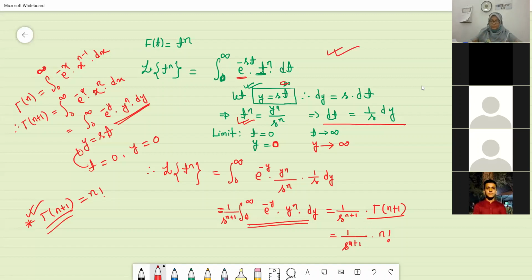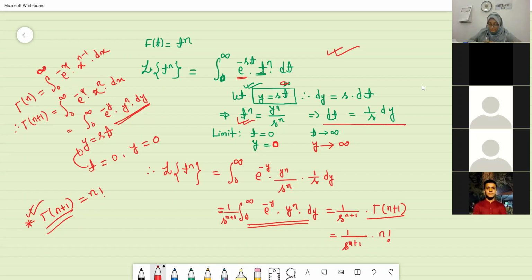So that's all for today. If you have any confusion or query regarding today's lecture or your syllabus introduction, then you may ask. And one thing is that the main application of this course is that Laplace transformation is used for solving ordinary differential equations and partial differential equations.